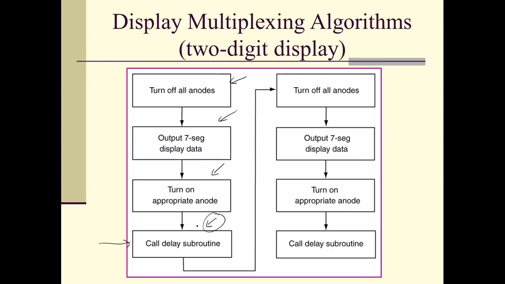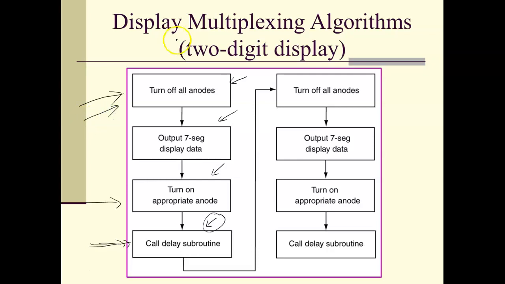The issue is that part of the time you have everything turned off, and that's going to affect the display. So you want to turn everything on and then wait, such that the time that things are on is much greater than the time that things are off.